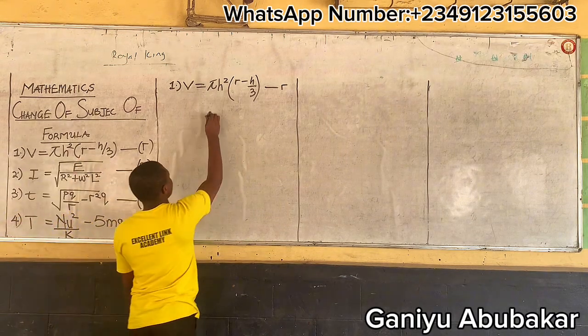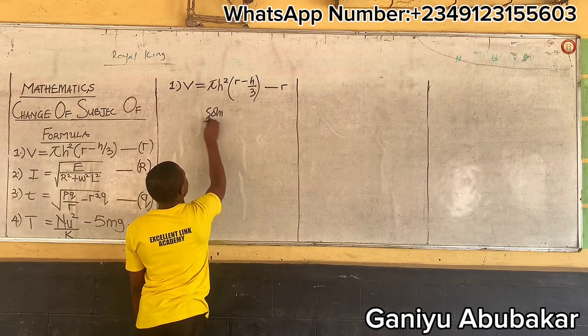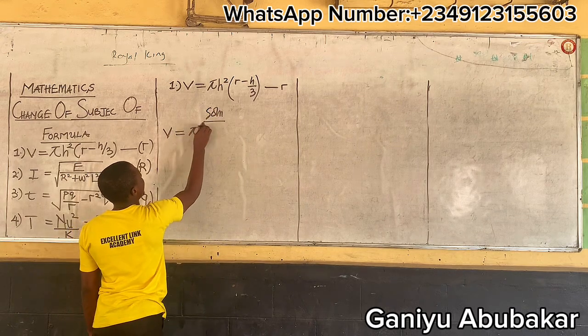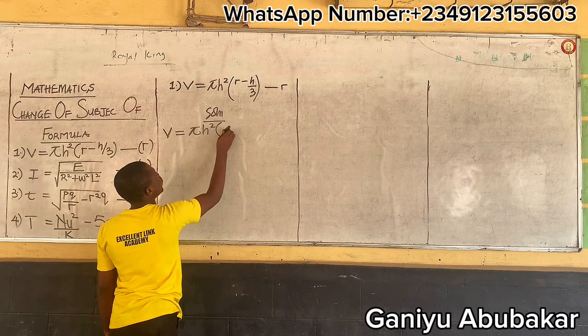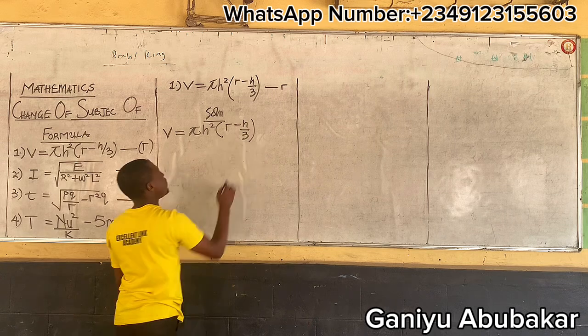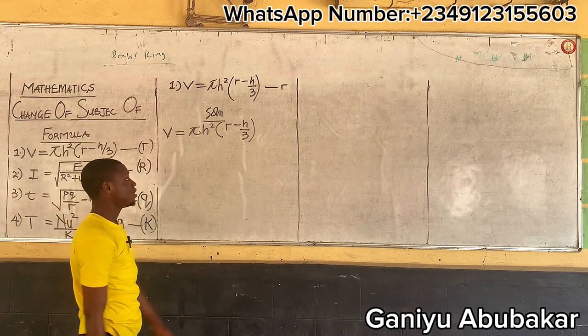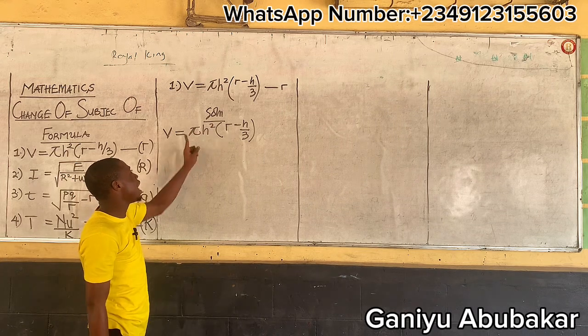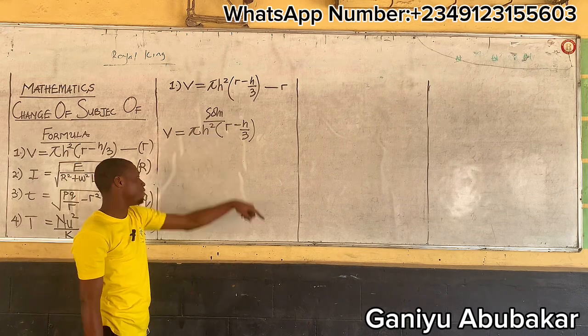It's as easy as this. I'm given that V is equal to pi h squared into r minus h over 3. I want to make r the subject. I'm seeing pi h squared, so I have to use pi h squared to expand first.